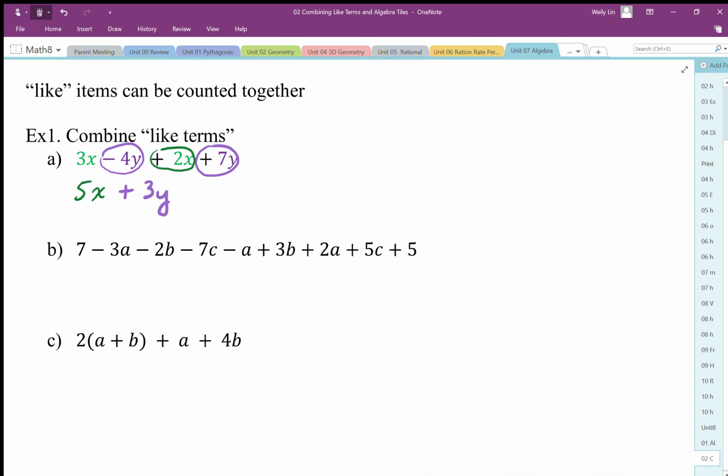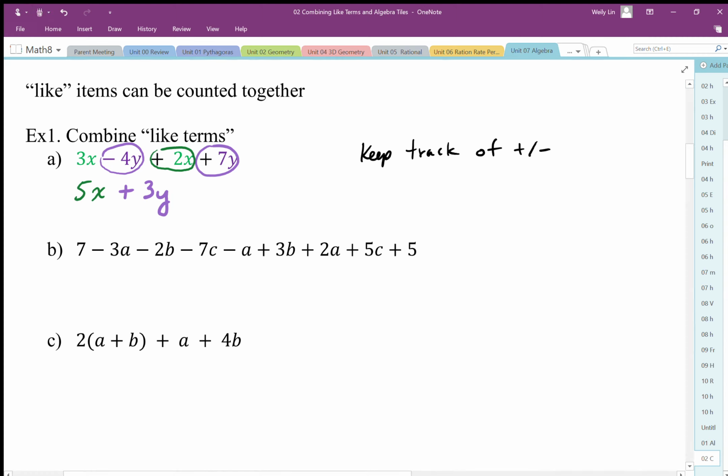So it's very important we keep track of the plus minus. And the way we do that is we really need to look at the operation or the operator in front of the coefficient. That is very important that we keep track of that operator in front of the coefficient.